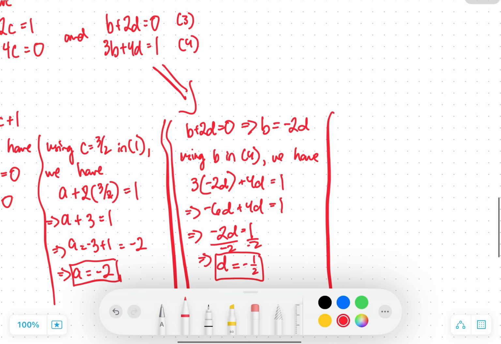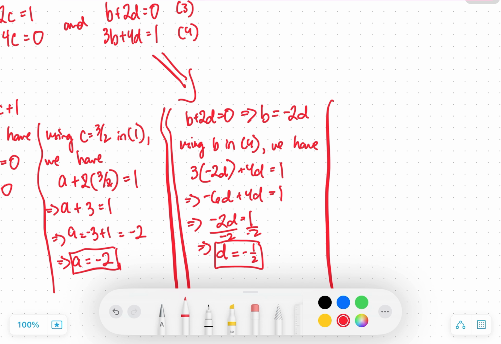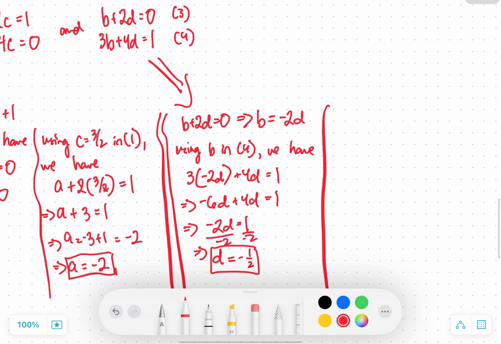Then we're going to get the value of the other variable b. Using d equals negative 1/2 in equation 3, we have 3b plus 4 times negative 1/2 equals 1.